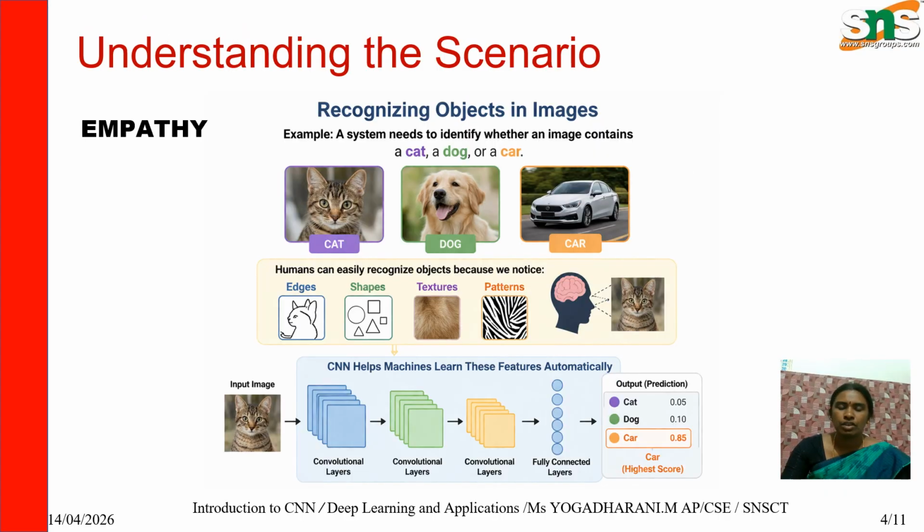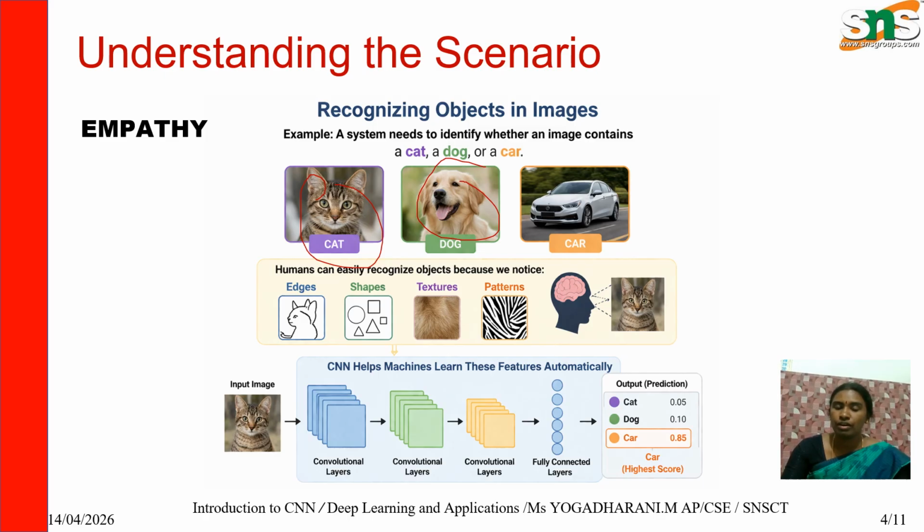Now imagine you want to identify whether an image contains a dog or a cat. How will a normal neural network handle this? It will take all pixel values as input.